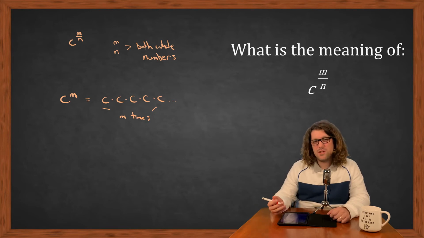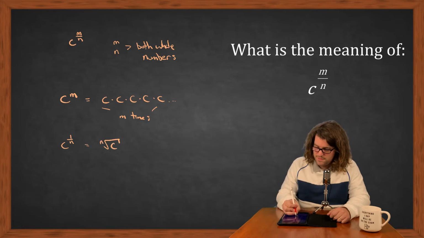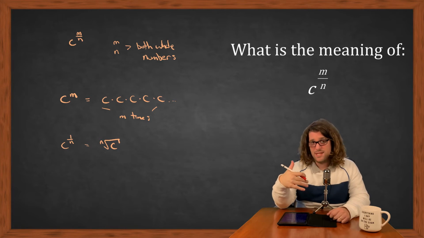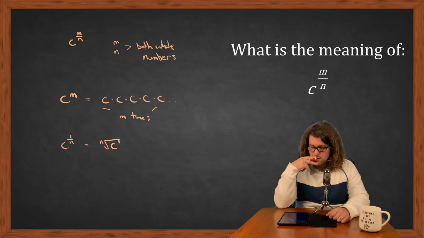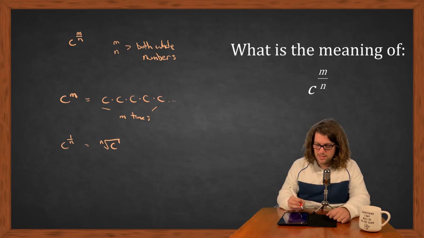The other thing, if you took a look at my last video, we learned that c to the power of 1 over n is the same thing as the nth root of c. So the n that's in the denominator becomes the index on the radical that c is inside. That's pretty interesting too. There is one other exponent law that allows us to take a look at how this is written and break it up into parts instead.